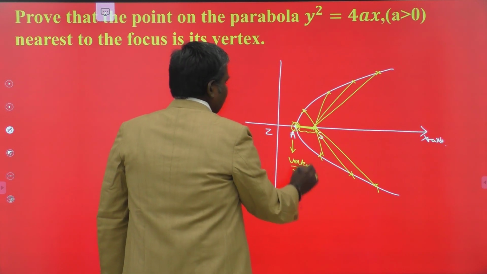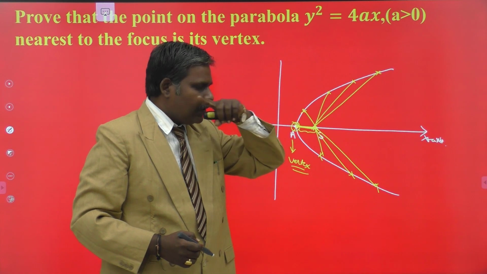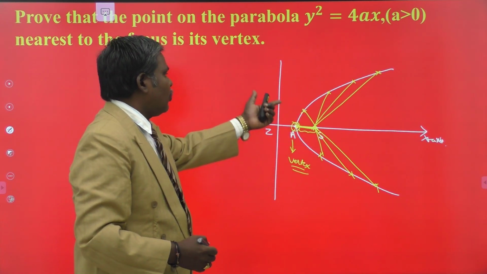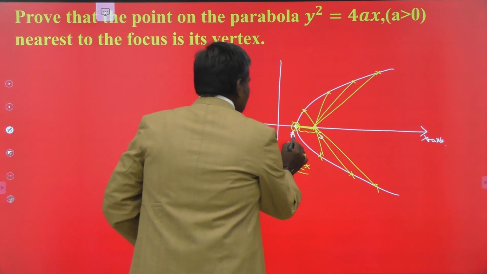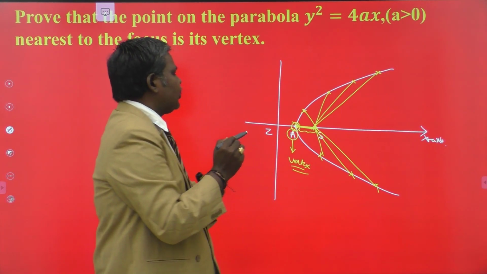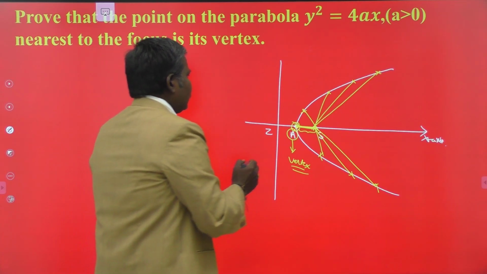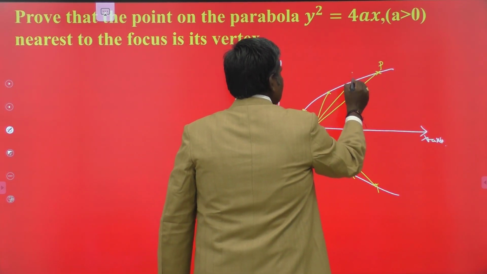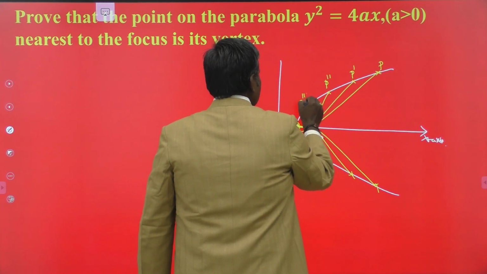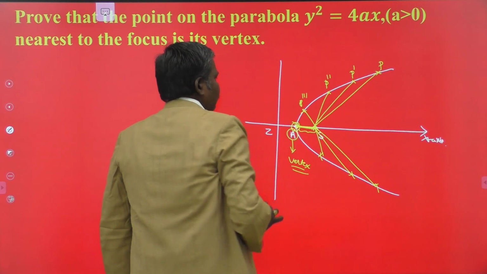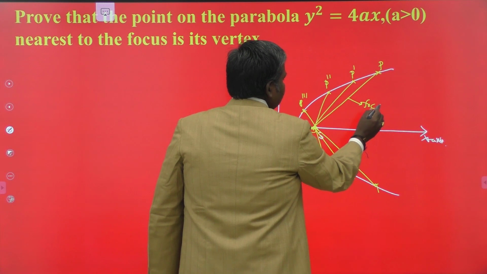You are going to prove that the vertex is the nearest point to this focus among any of the points on the parabola. Your target is to show that A is the nearest point to the focus. These are P, P dash, P double dash and P triple dash, like that. This is A, the vertex. These are all focal distances.